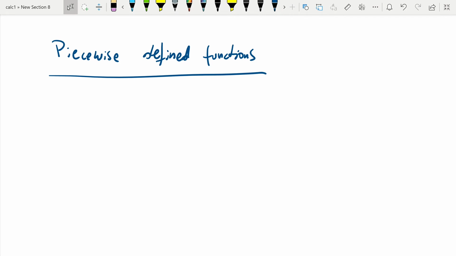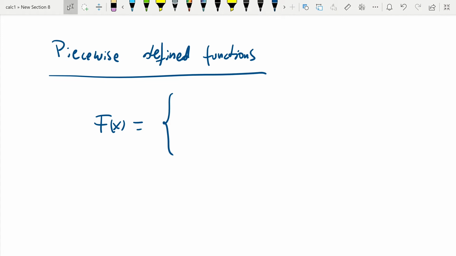Sometimes you will be given functions that are not defined globally, so there's not just one formula, one rule that tells you what to assign to each number, but there will be partial rules that only apply to subintervals of the real line. And you'll need to analyze those functions independently and see what happens at the transition points where you change from one formula to the other.